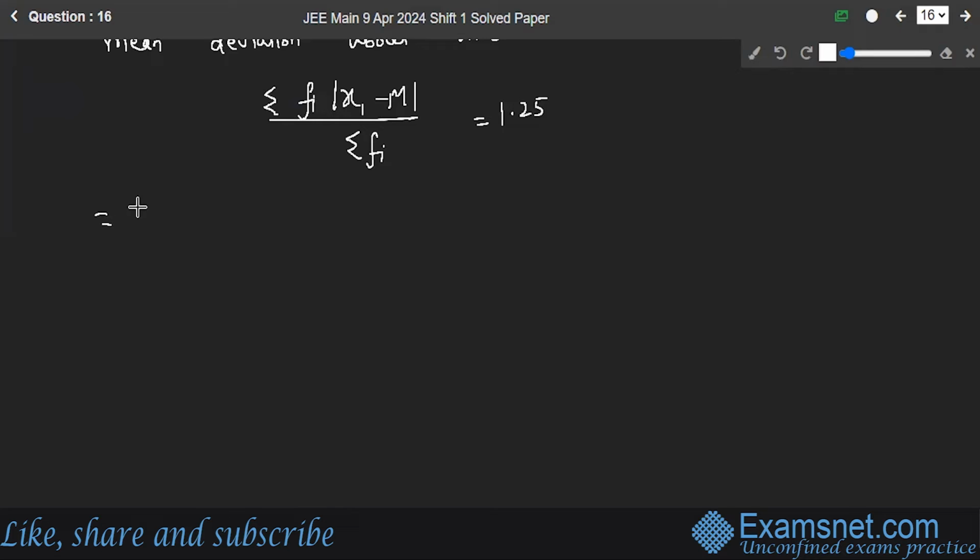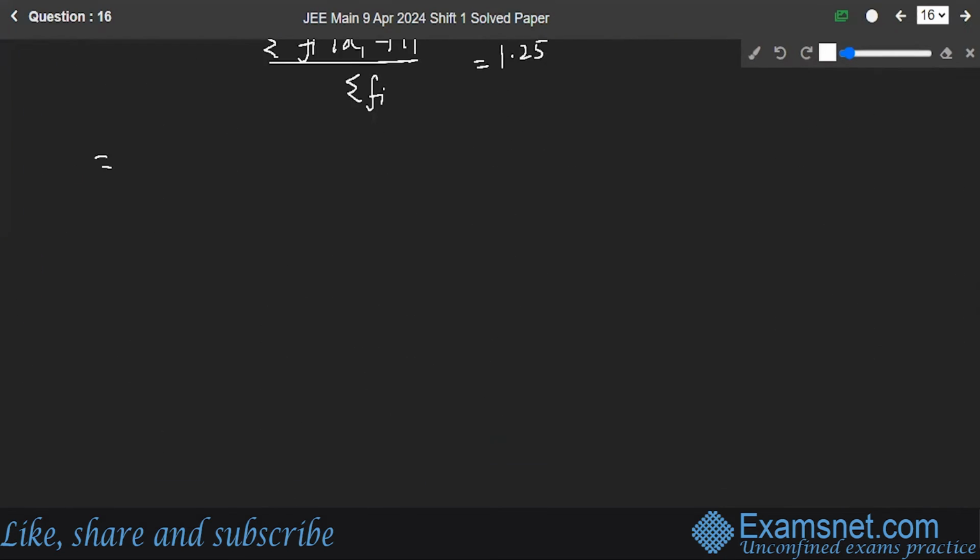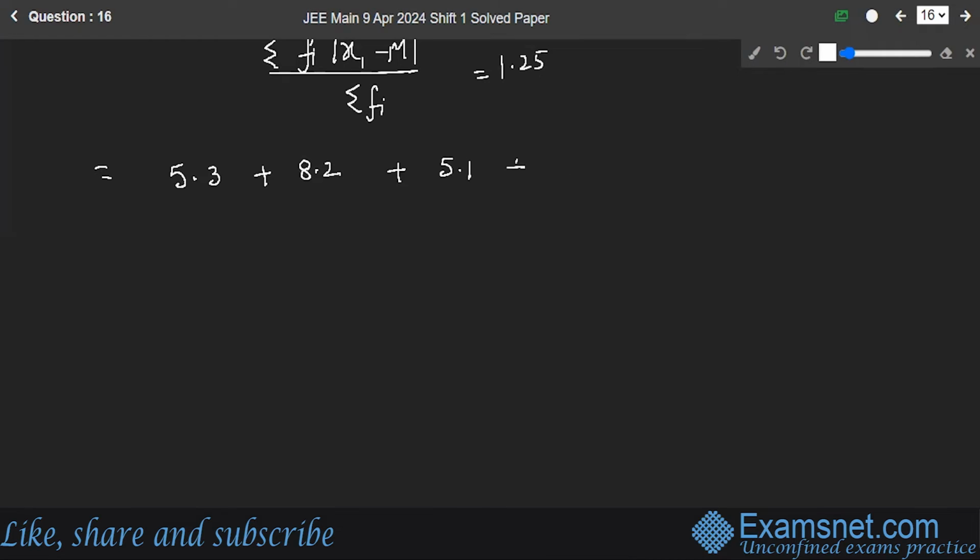The very first one, the frequency is 5, and 18 minus 15, so this will be 5 into 3, plus the next one will be 8 into 2, plus 5 into 1, 12 into 0, x into 1, y into 2.